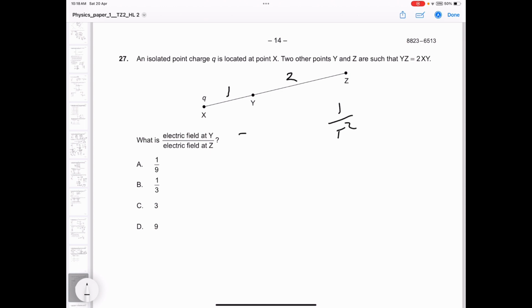So the electric field at Y must be 1 over 1, which is equal to 1. And at Z, that's going to be 1 over 3 squared, which is 1 over 9. Therefore, it's going to be 1 divided by 1 over 9. That's equal to 9. So the answer is D.